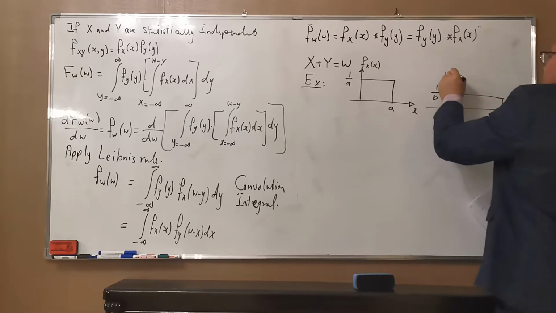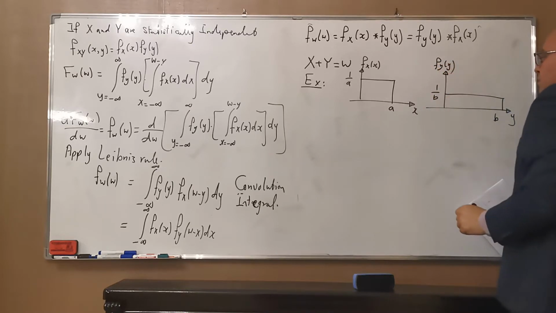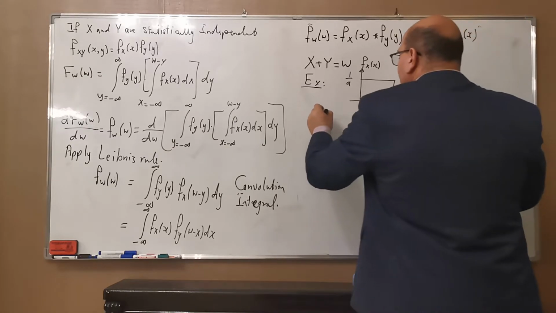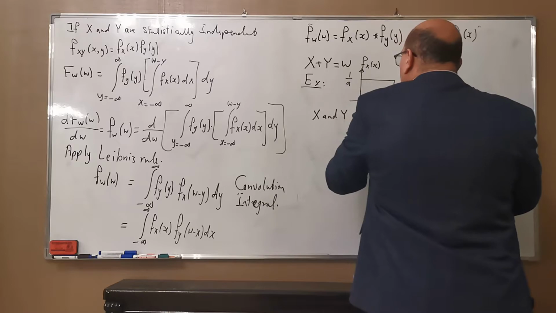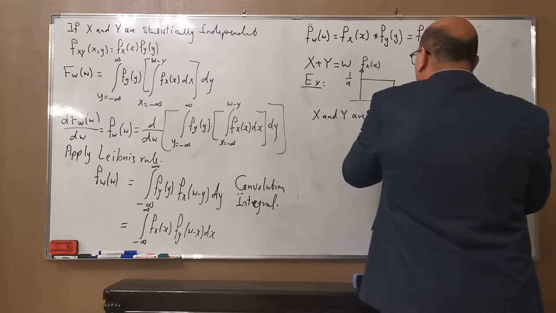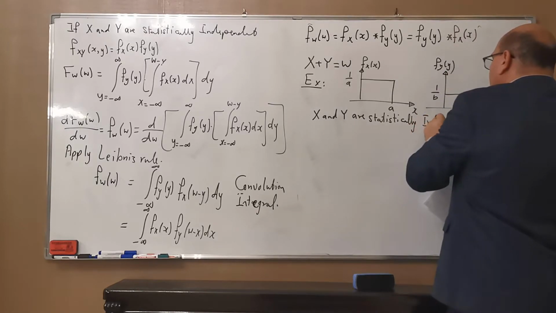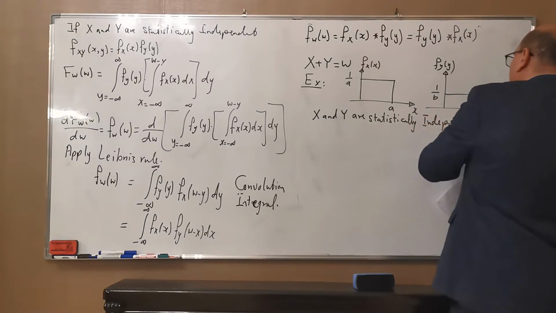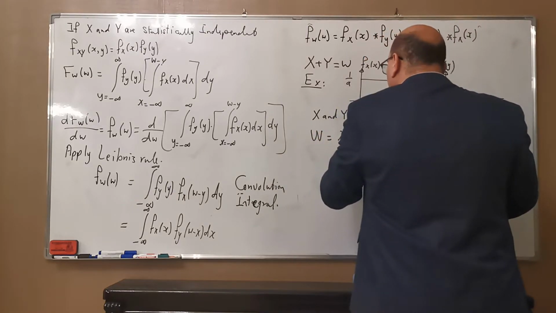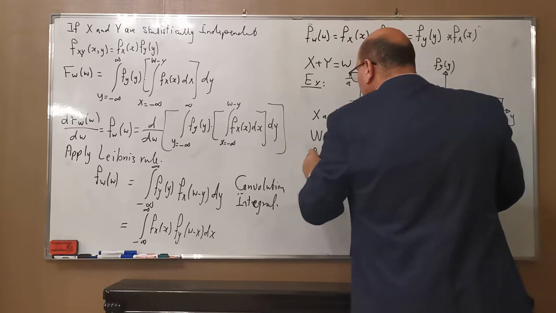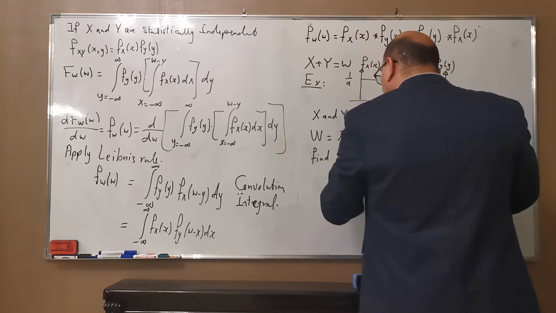So you have y, and you have fy of y, and x and y are statistically independent. W is equal to x plus y. Find fw of w.